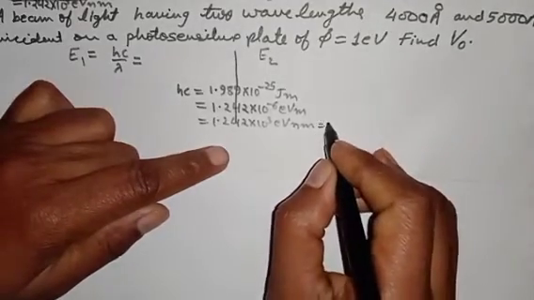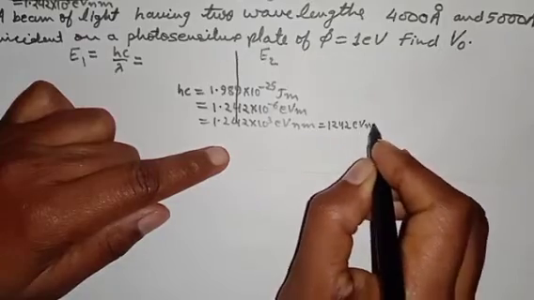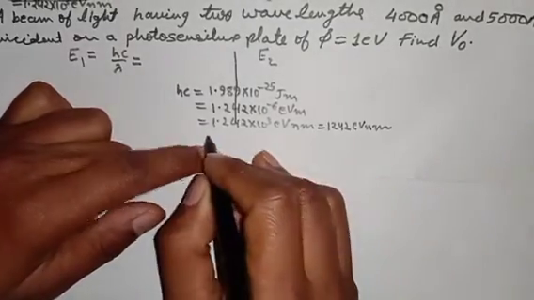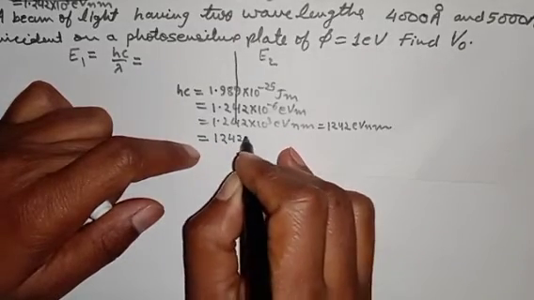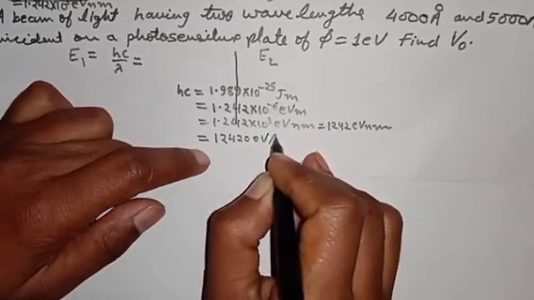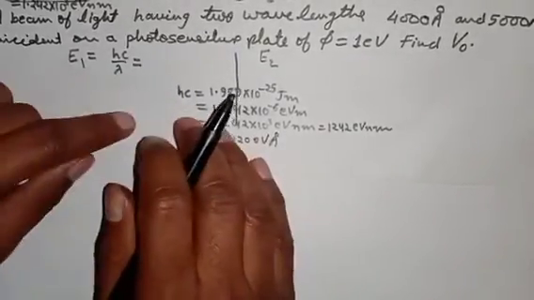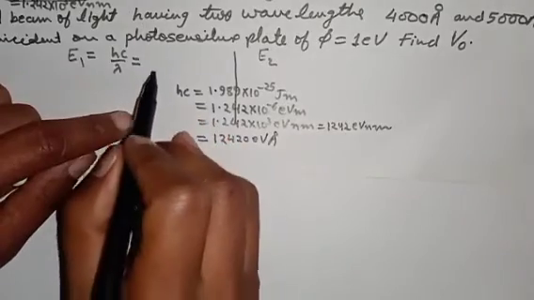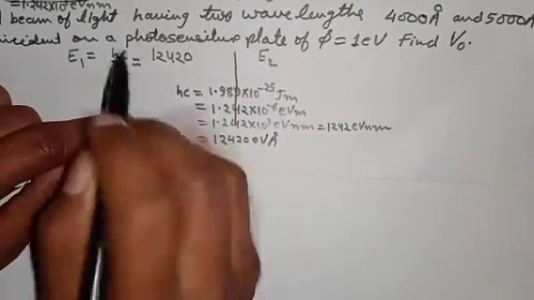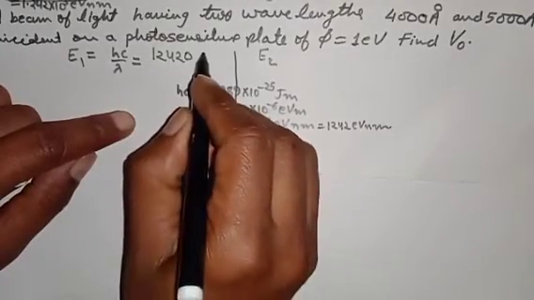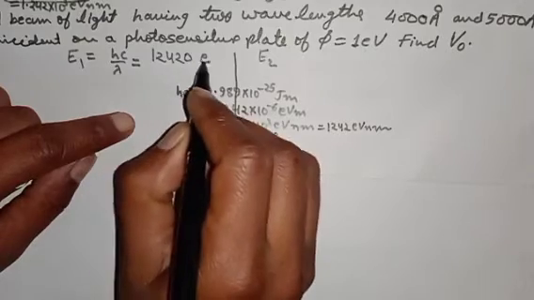This is actually 1242 electron volt nanometer, and when you convert it into angstrom, one more zero will be there, electron volt angstrom. So this value we'll use here. So hc is 12420, and e is required.